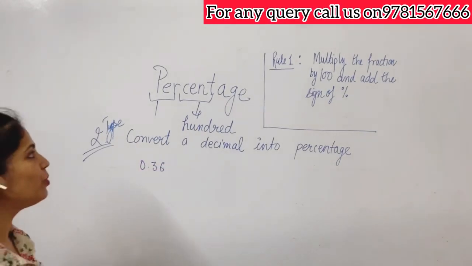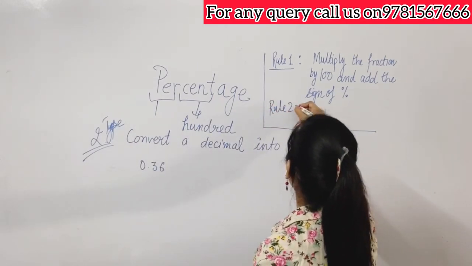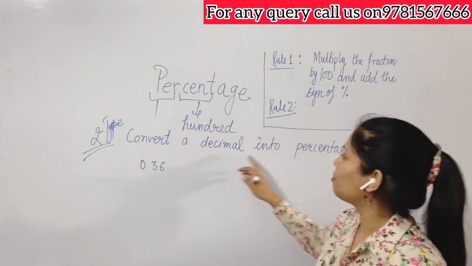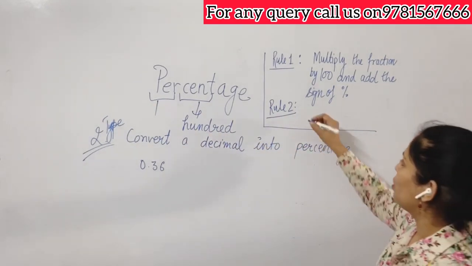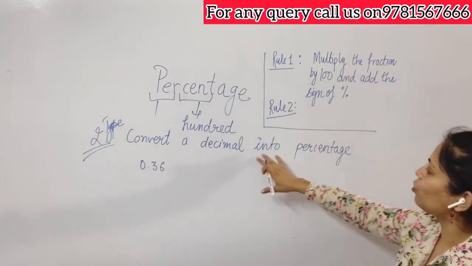Now convert it into percentage. I've not told you the rule. Okay, first of all, quickly write the rule. Rule number 2. What is the rule number 2? Rule number 2 is converting a decimal into percentage. The rule is the same, because we are going to change into percentage.